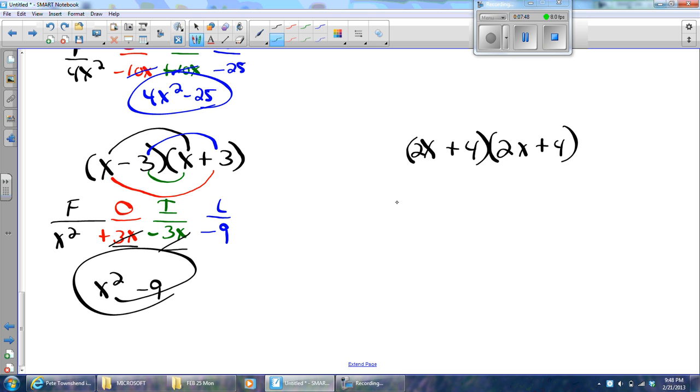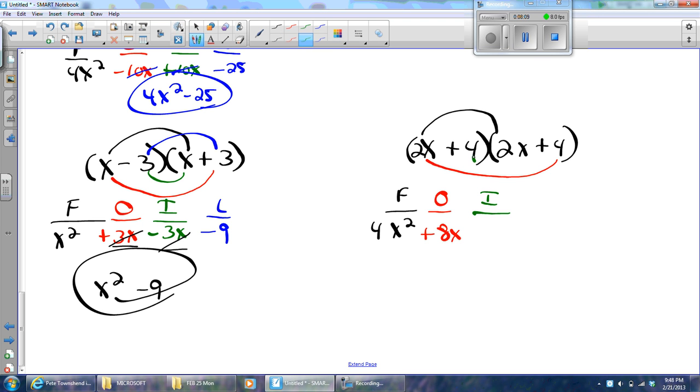Last one. Going to do my firsts. 2 times 2 is 4. X times x is x squared. Time for the outers. Outers are going to be these two, plus an 8x. Going to do my inners. Looks like I'm going to get an 8x.